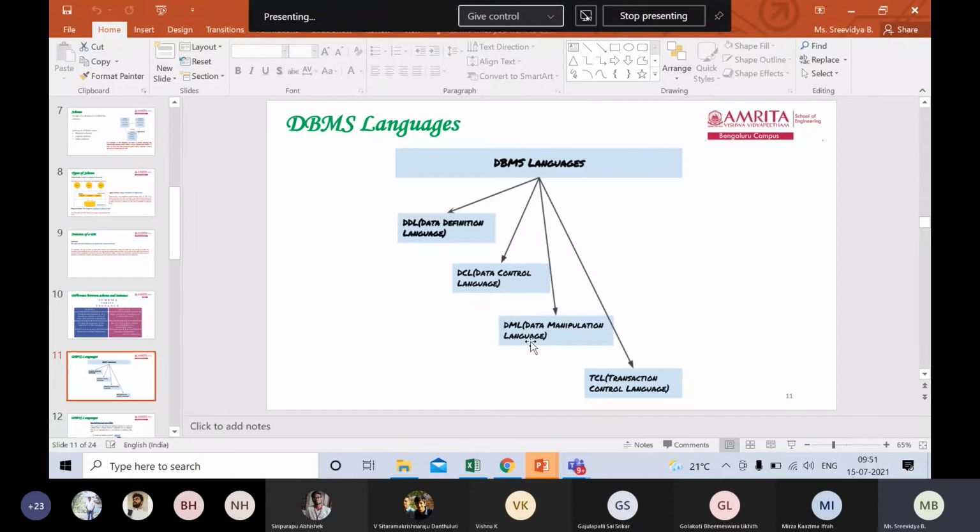Then you have DML. Now this is the one which you very widely use. DML is associated with data manipulation language. When I say manipulation, there are many commands associated, starting from inserting the data. Insert is a command.